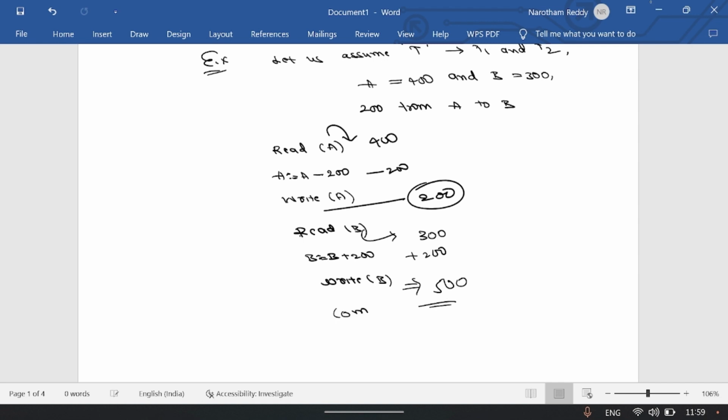Now it commits, which is permanently stored. If an error occurs in the transaction, it rolls back to the starting state.